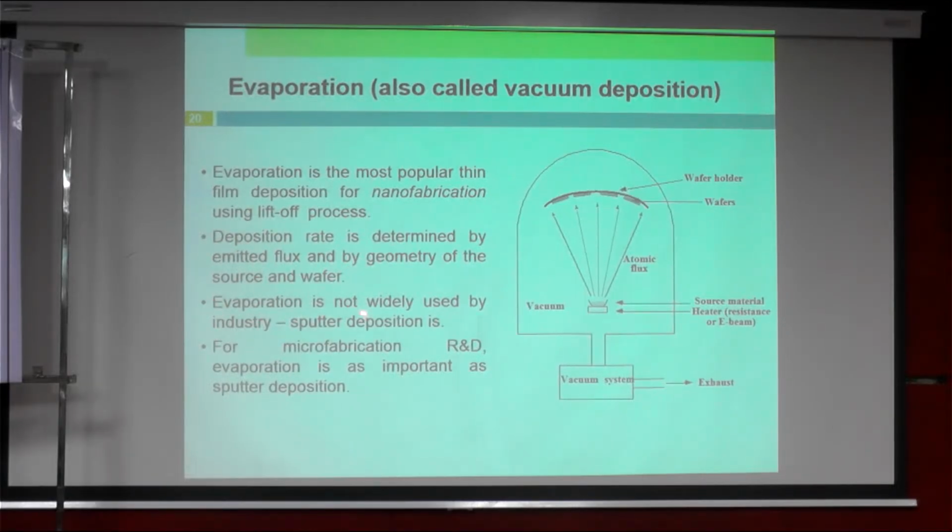Evaporation is not widely used by industry because sputter deposition is much better in terms of quality and control of thickness, etc. For microfabrication R&D, evaporation is as important as sputter deposition, because the vacuum setup is much easier and it's much cheaper in comparison with a sputtering machine.